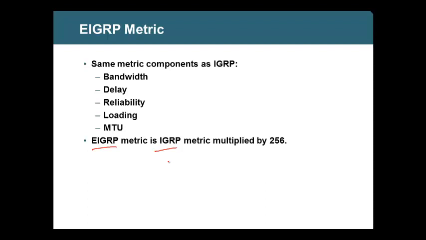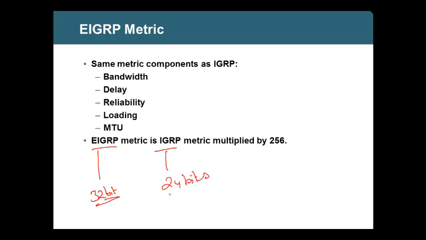IGRP, the older one, was using only 24-bit for metric calculation, whereas EIGRP uses 32-bit.